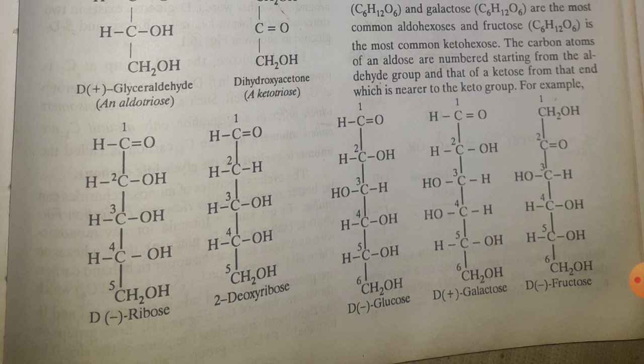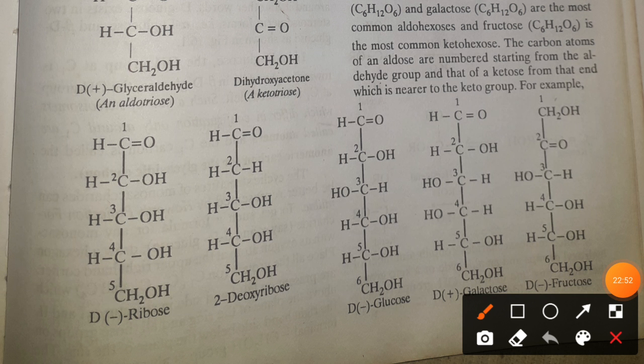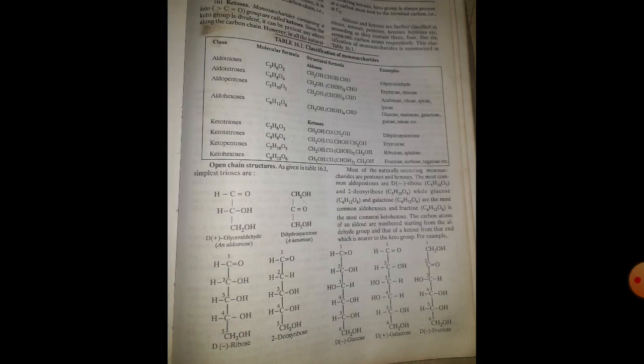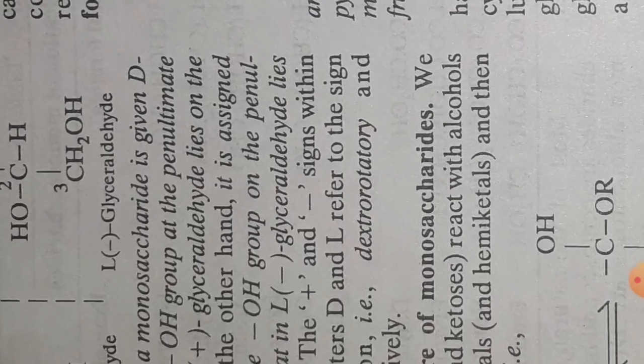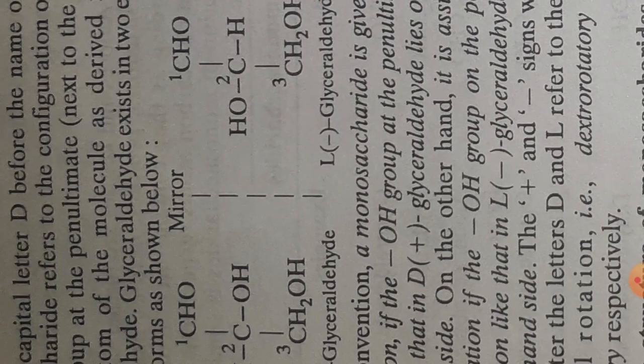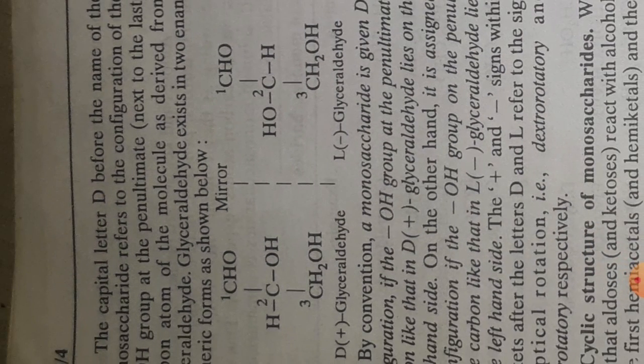All the OH are on right hand side, and that's why we are writing D. And if the hydroxy group is on left hand side at the second position from the bottom of the structure, matching with glyceraldehyde, then we say it as L.